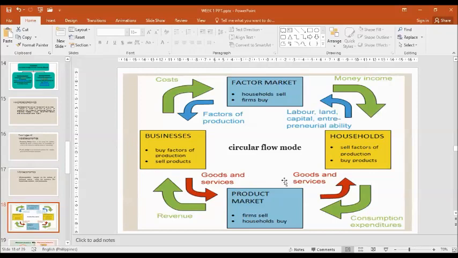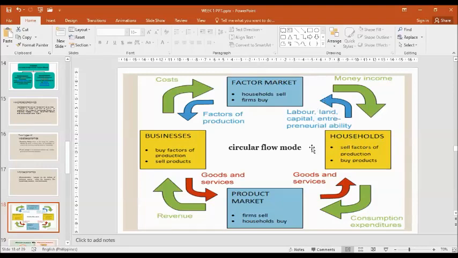So here, this is a simple explanation of the circular flow model in microeconomics. It involves two agents, the businesses and the households. Okay, so how do we explain this? I will start with the blue arrow.